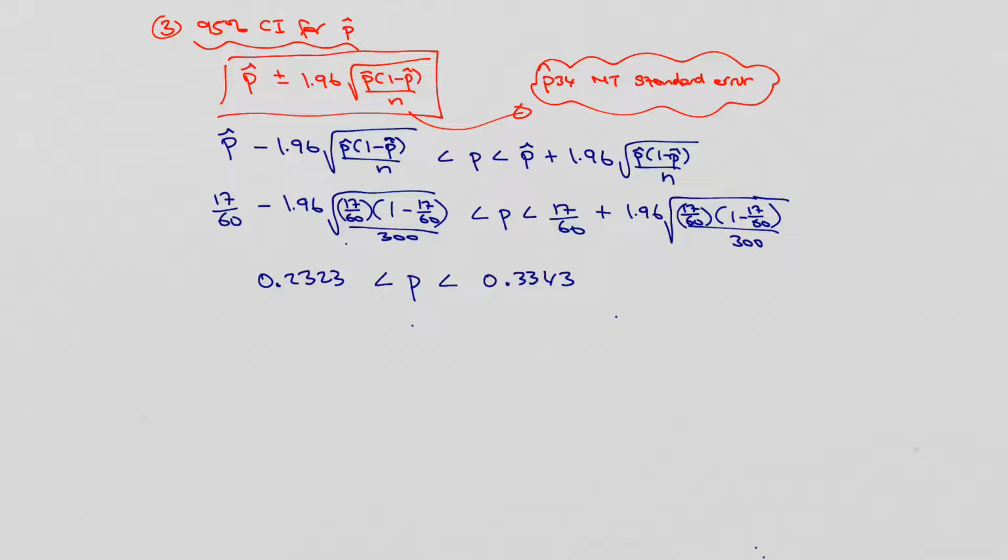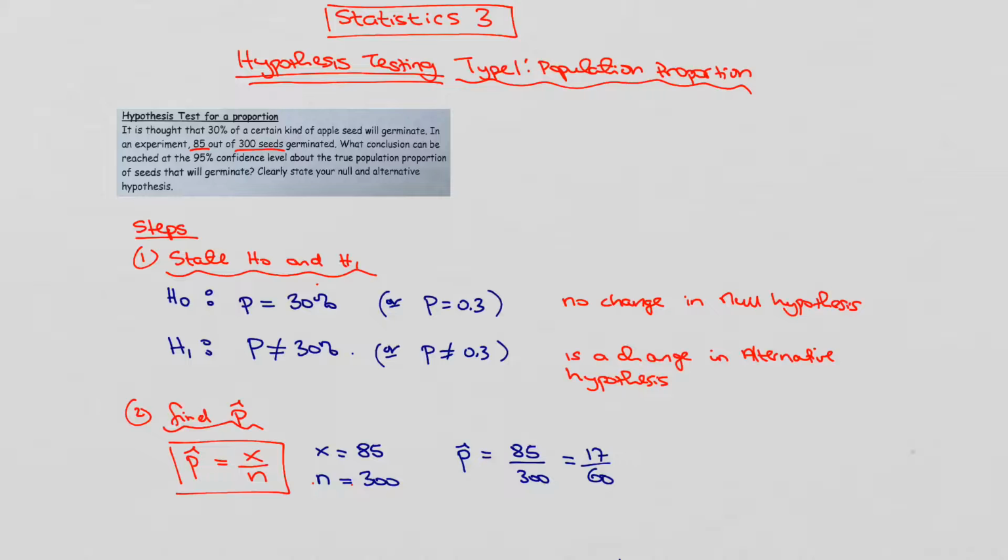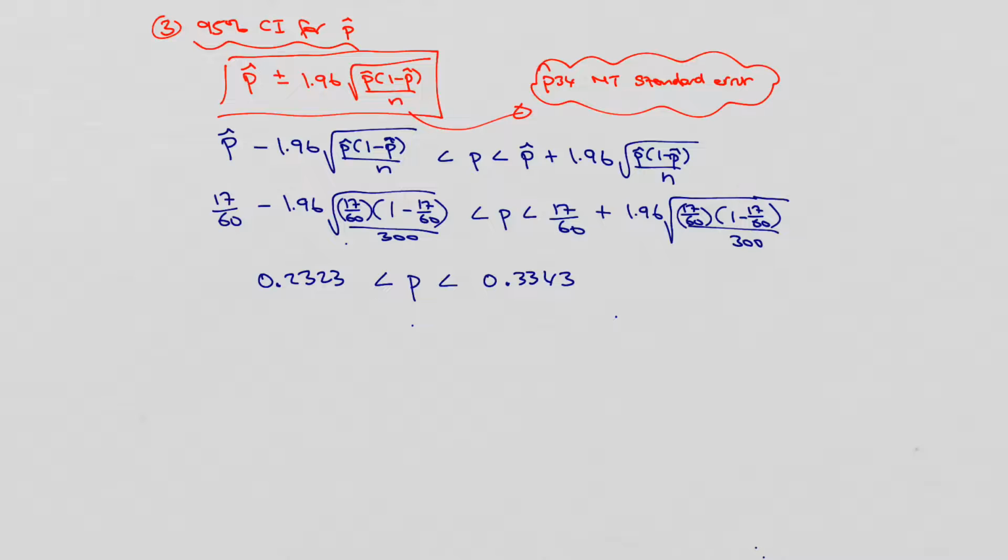So of course our question was given to us in terms of percentages. So 30% of a certain kind of apple seed will germinate. So therefore I'm going to write my answer as a percentage so that we can compare the two. So we have 23.23% less than P, which is less than 33.43%. So either of these answers are correct. Okay, they are both your 95% confidence interval.